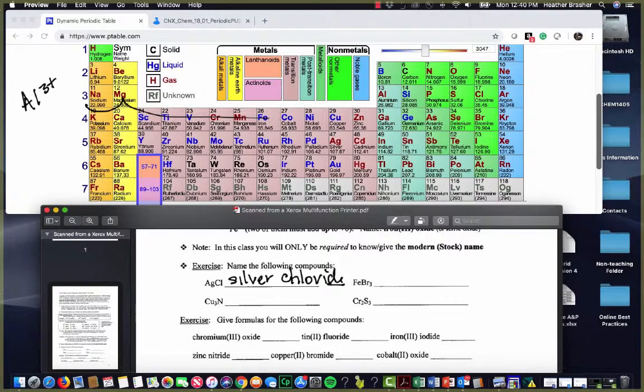Let's try a different one. So here is our iron, and here is our bromide. How we figure this out is we look at the charges to figure out how many we would have.